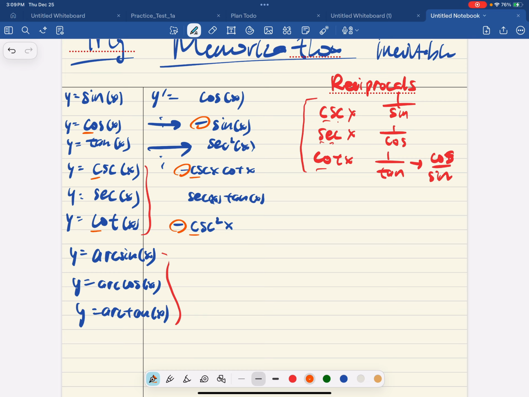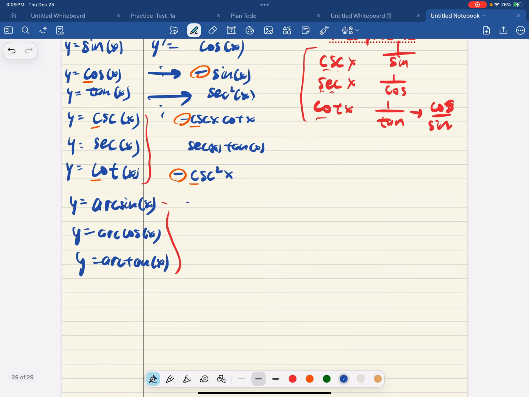So cos will become minus sine, cosecant will become minus cosecant x, cotangent x, and cotangent will become minus cosecant squared. Moving on, arc sine, the derivative rule is 1 over root of 1 minus x squared.